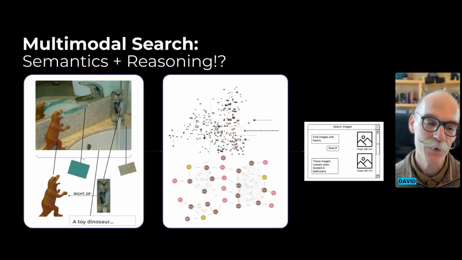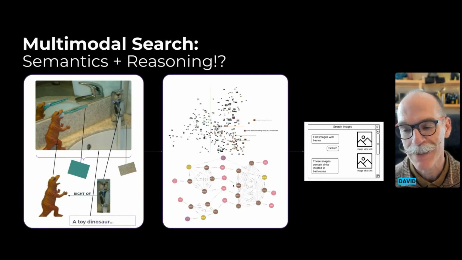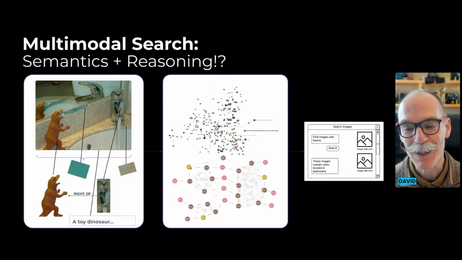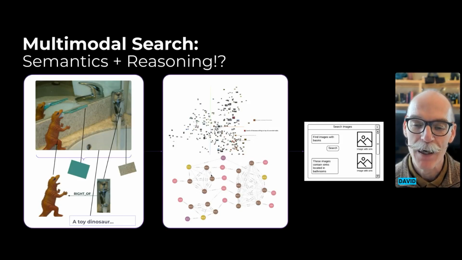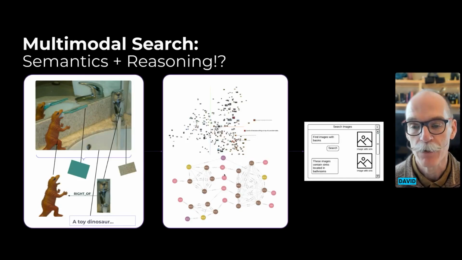And you can start to build a small world network that resembles something like this rat's nest over here, where not only are the yellow nodes images, but these are the objects in the image, and here's how they relate to each other. We'll see very shortly some additional information that you get.